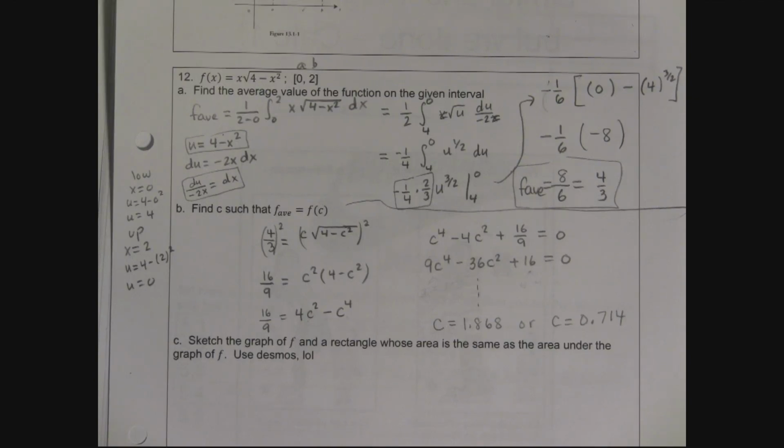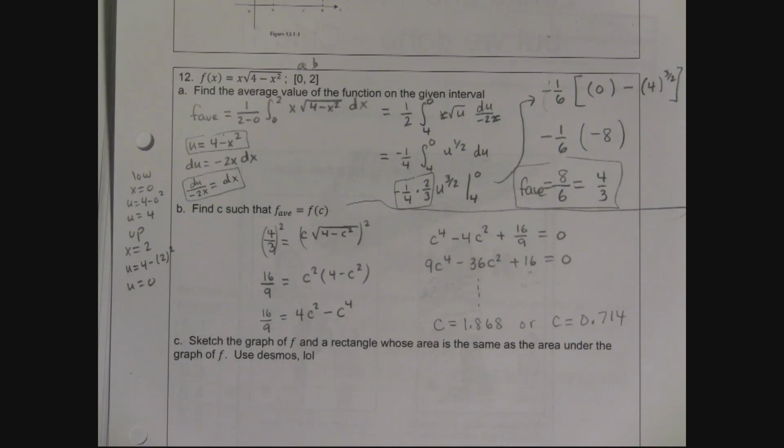We're going to do one at a time. X equals, so our C value is 1.868, and we want this to be going just above 0.